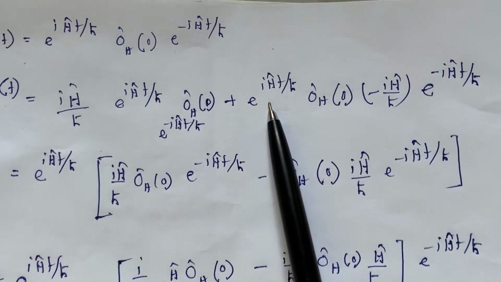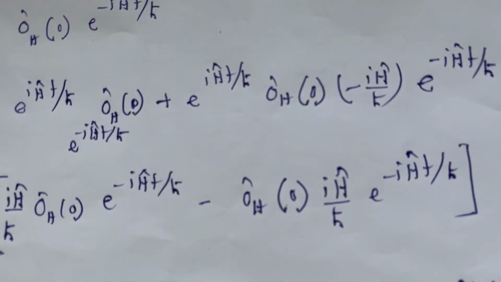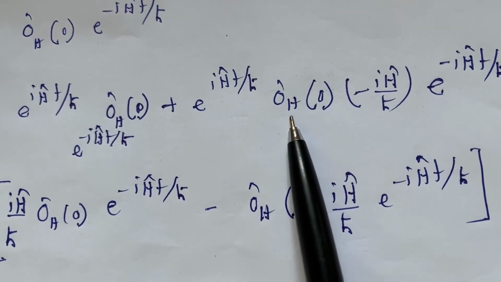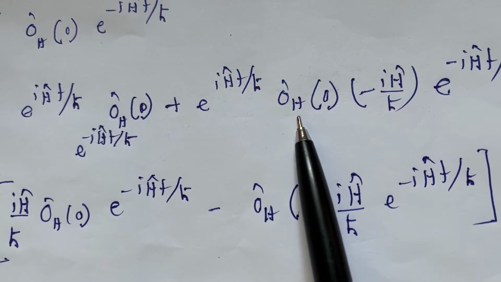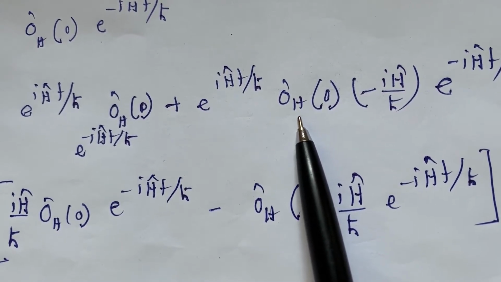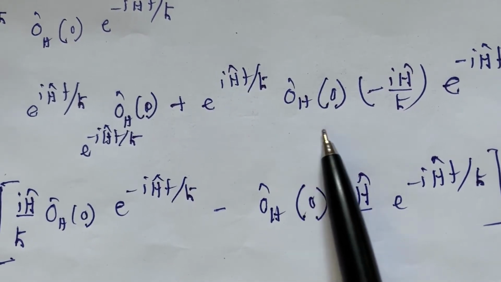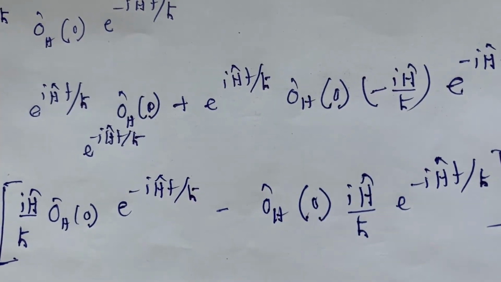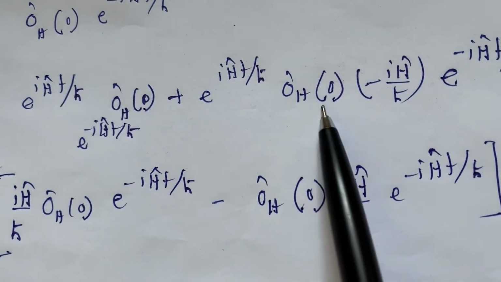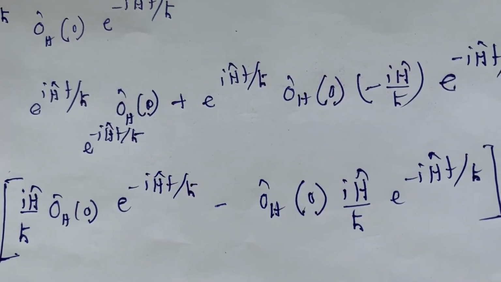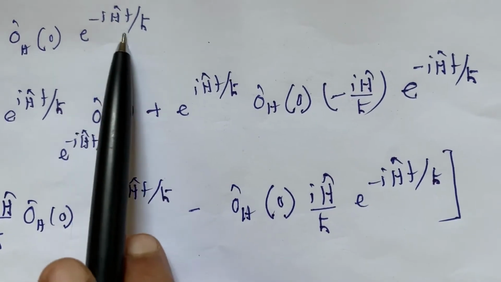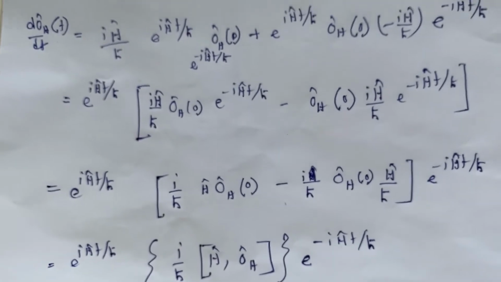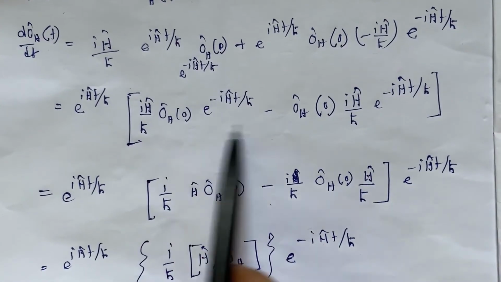So this term e to the power plus iHt by h cross remains the same. The operator O_H will not be affected by the time derivative, because for the time being I am taking that these operators do not have any explicit time dependence.